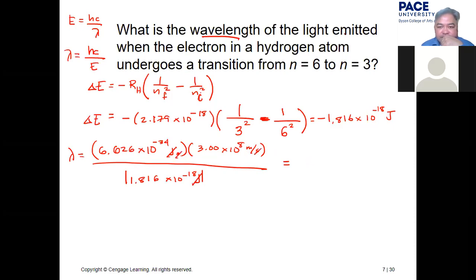Second is cancelled. So you have there 1.094 times 10 to the negative 6 meter. So if you're going to look at it in wavelength, you convert it to nanometer.